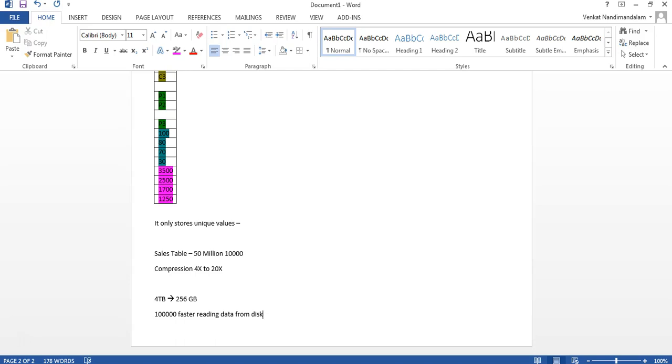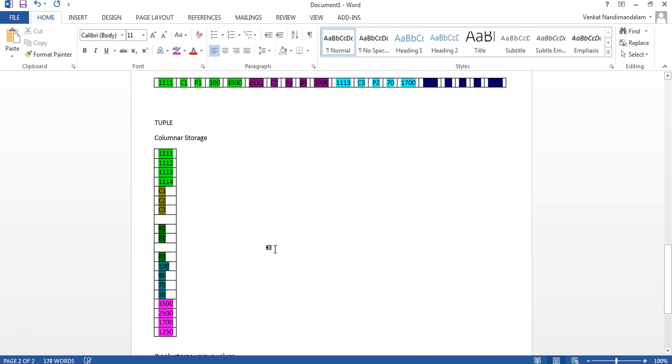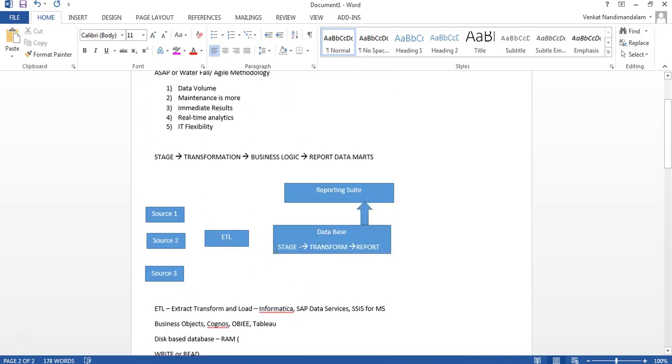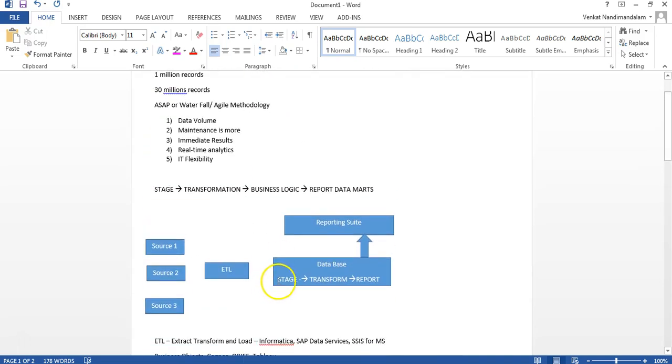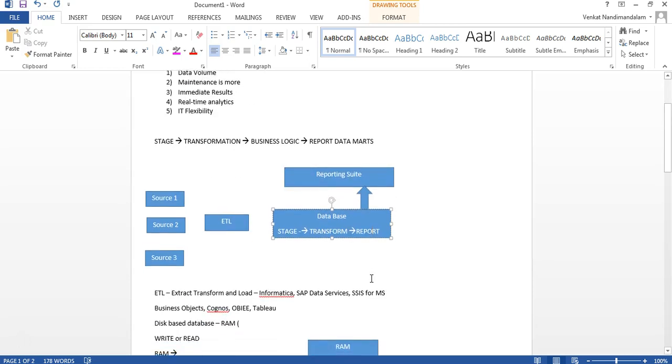When you have models that can fetch you data in very little time, you no longer need to store data multiple times, like we did here, where you load the data as is into one schema, then apply the transformations, and then again move data to a different schema where you apply business logic.